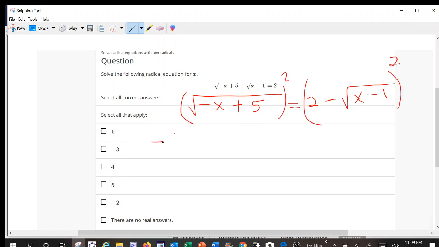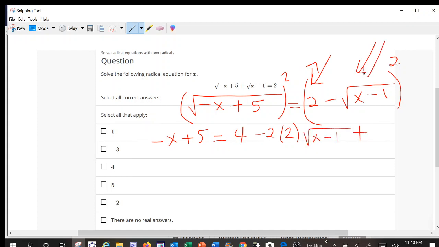This side would be just negative x plus 5. Now that side, remember, is going to be this squared, which is 4, minus 2 times that one times that one, and then plus that one squared, which is x minus 1.